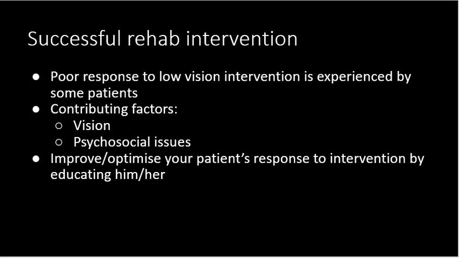Studies have shown that in order to optimize a low vision intervention, you should start by educating the patient about their sight loss first and foremost. The physical cause of their sight loss, for example, if it's macular degeneration, you let them know that it's the macula that's failing them, what the macula is responsible for, which type of sight, for example, close vision, vision for reading, colour vision, and so on.